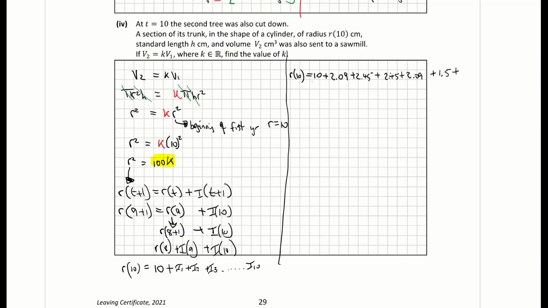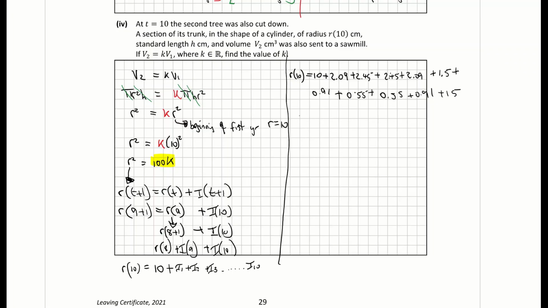I put 6 in, I get 0.91. I put 7 in, I get 0.55. 8 in, 0.91, and so on. So that's my 1, 2, 3, 4, 5, 6, 7, 8, 9, 10. Just looking there, I think I forgot term 8 there, so that was 0.55 as well. The 9th, i to the 9, is 0.91, and then 1.5 for i to the 10.